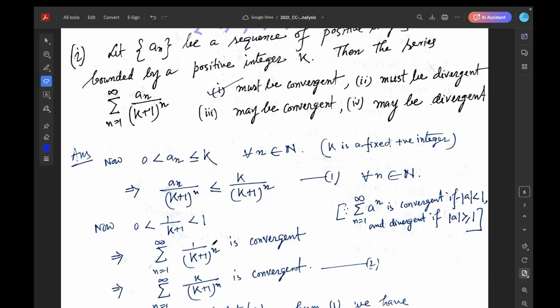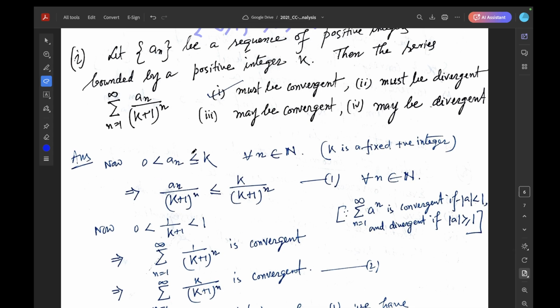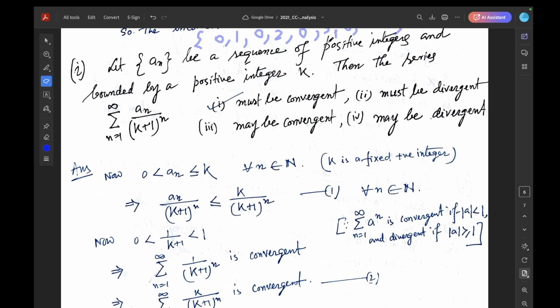Now, 0 less than a_n less than or equal to k for all n belonging to the set of natural numbers N, k being a fixed positive integer by the given condition. Then this implies a_n by (k plus 1) to the power n is less than or equal to k by (k plus 1) to the power n for all n belonging to N.